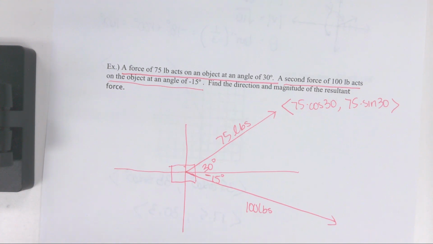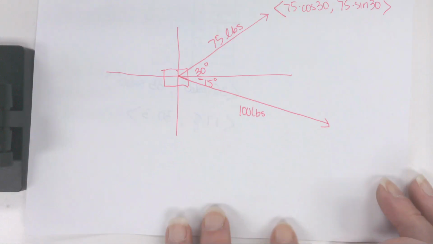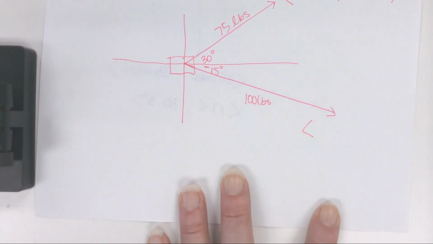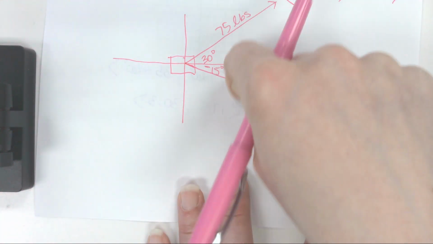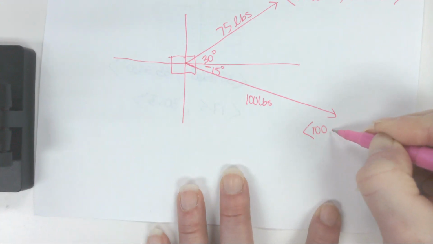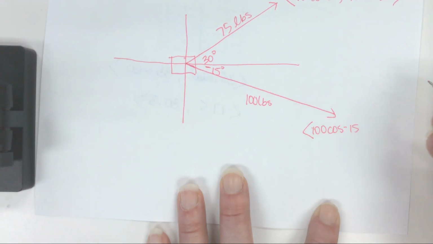We're going to type it all in together, okay? Because I'm going to add them together, and then I can just do them both at the same time. What would be the components of this vector? Be careful if it's dipping down that we actually use the negative 15. 100 cos negative 15.